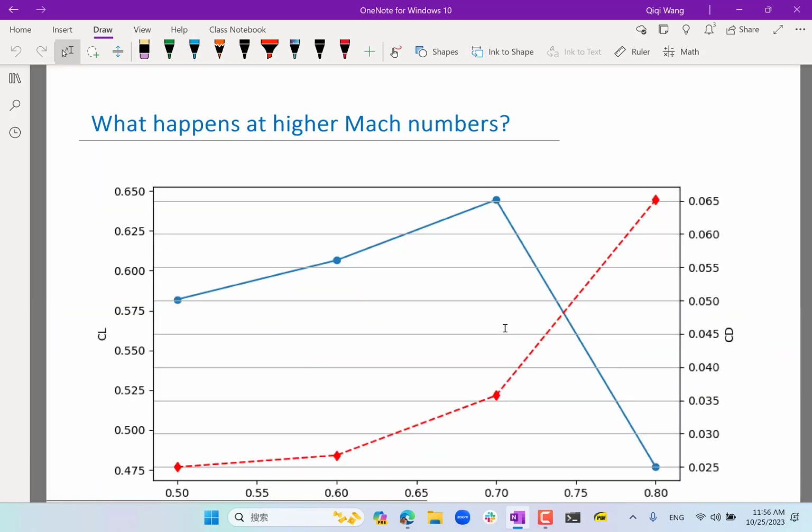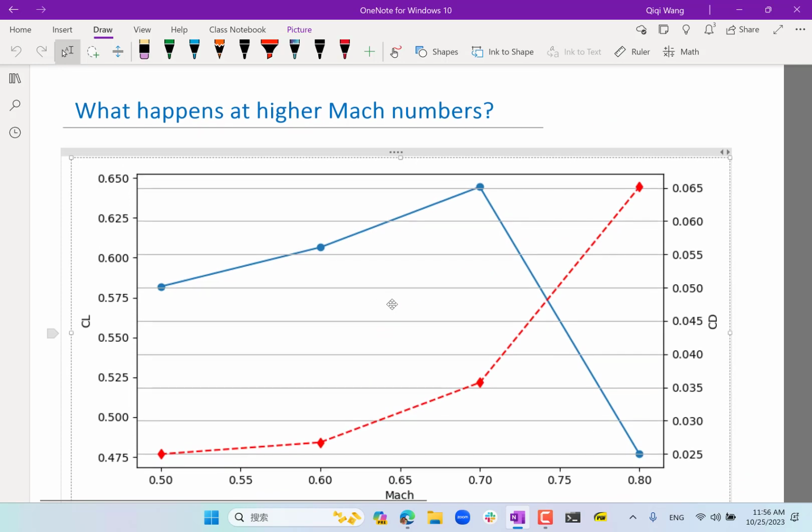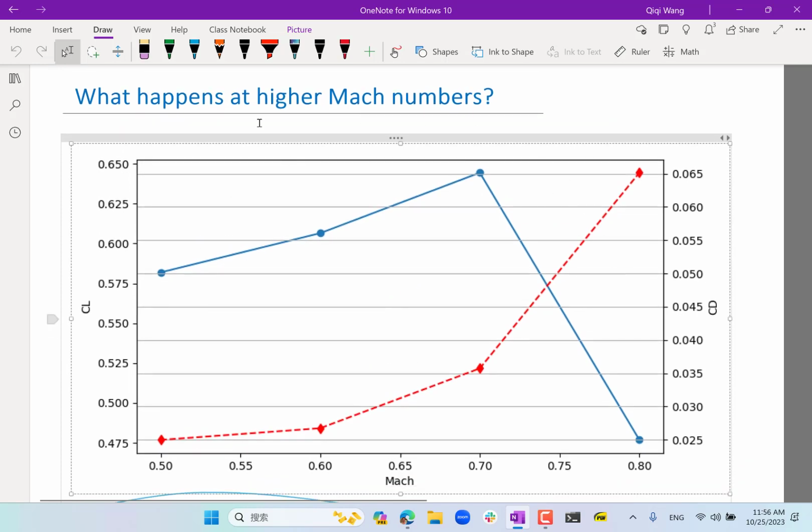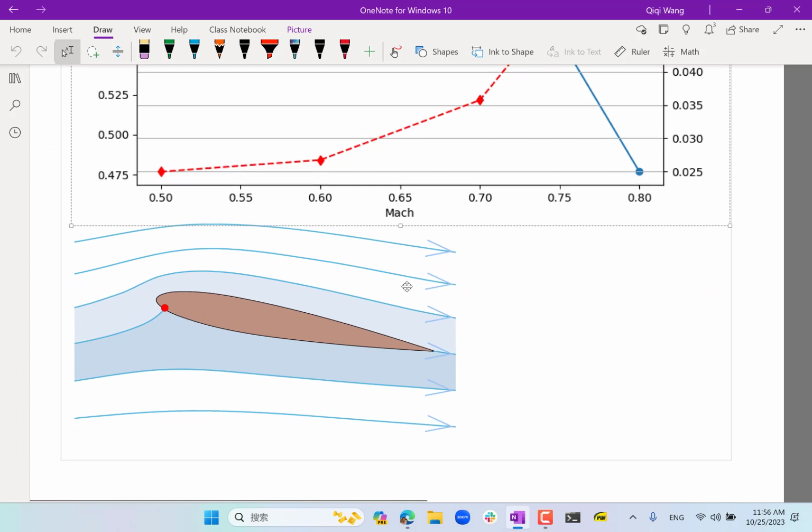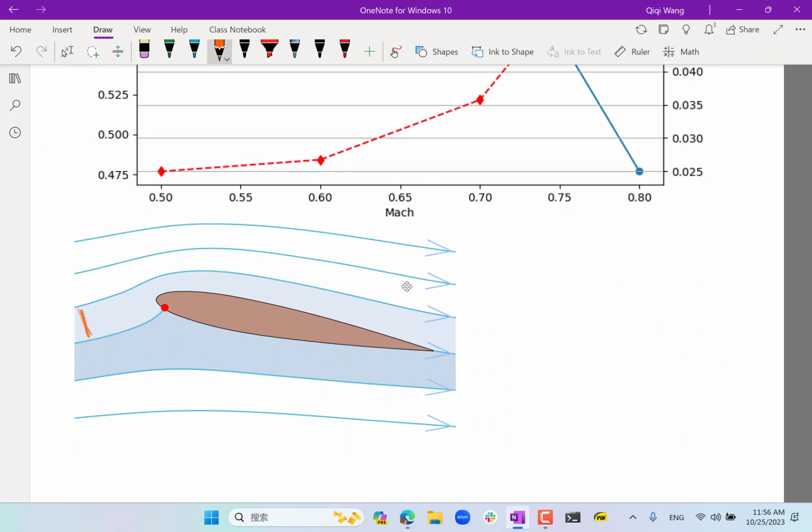So that actually helps explain the first portion of the increasing lift coefficient. Because as the Mach number becomes higher and higher, for the same geometry of stream tubes in the area, if I go from here to here, the stream tube contracts. And if I have a higher Mach number flow, the velocity increase here has to be even higher than for incompressible flows.